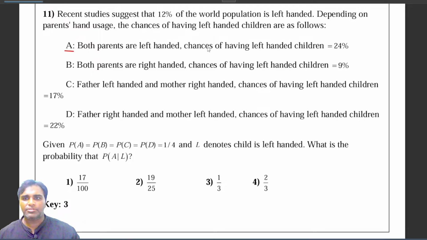A is the set where both parents are left-handed, and the chances of having a left-handed child are 24%. B, both parents right-handed, 9%. C, father left-handed, mother right-handed, 17%. D, father right-handed, mother left-handed, 22%. Now every one of A, B, C, D has probability 1 by 4, and L denotes the child is left-handed. What is the probability of A by L?